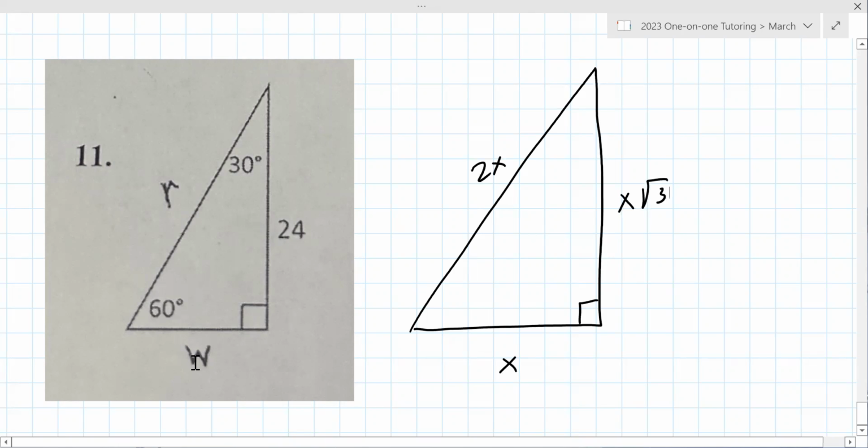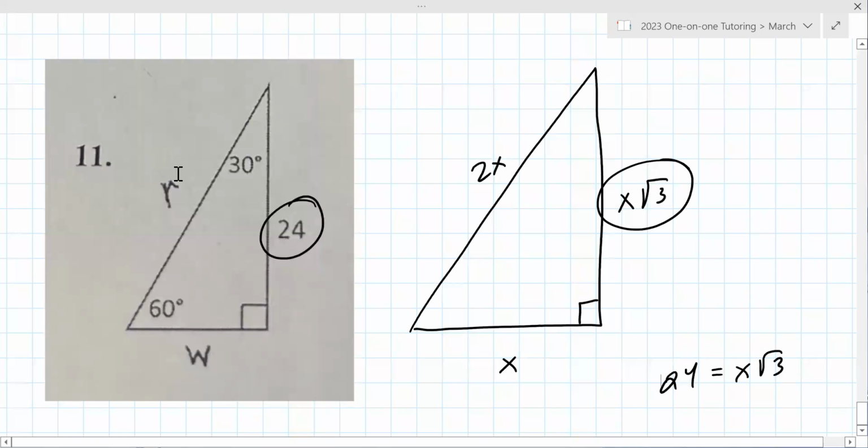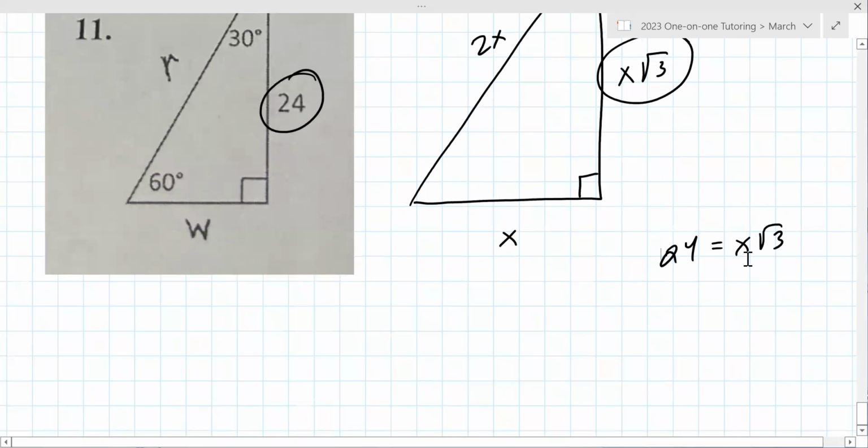Once you find x, x is w, and 2x is r. That's why you set the known side equal to the reference side. When you solve for x, you have the short leg, w, and the hypotenuse by doubling. To solve for x here, you have to divide both sides by the square root of 3.